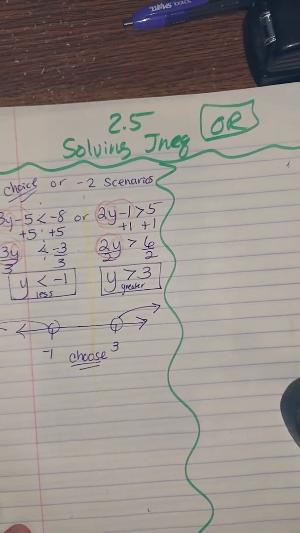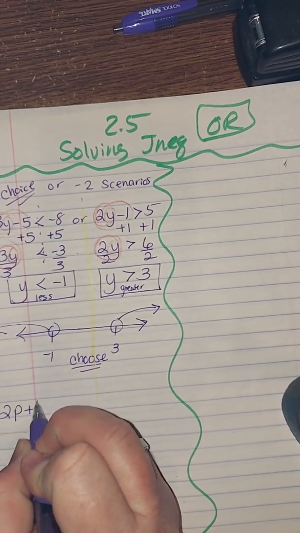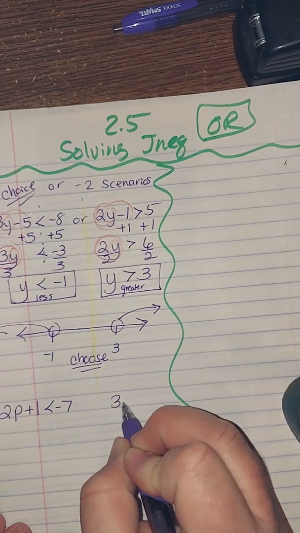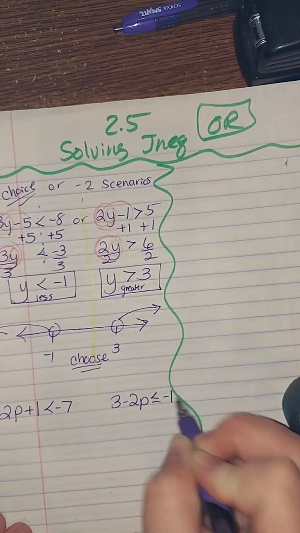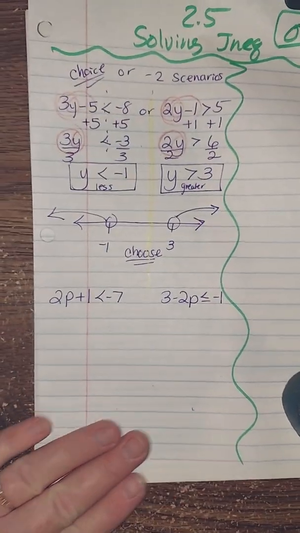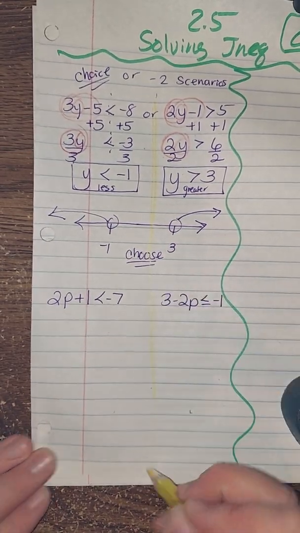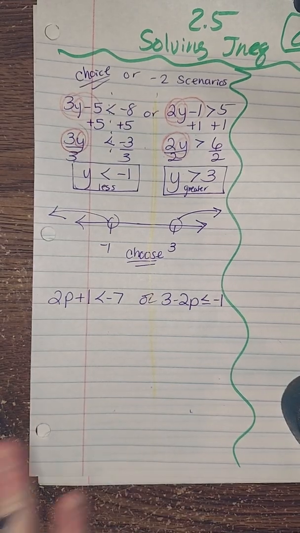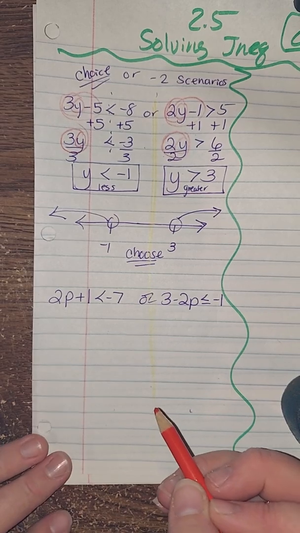All right, are you ready for another one? Here we go. So 2p plus 1 is less than -7, and 3 minus 2p is less than or equal to -1. Now the only reason I had that yellow mark here is so that you understand that these are two completely different problems. This is an or statement, by the way. All right, here we go.